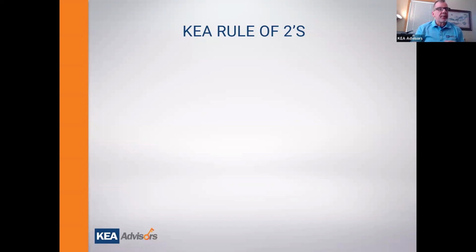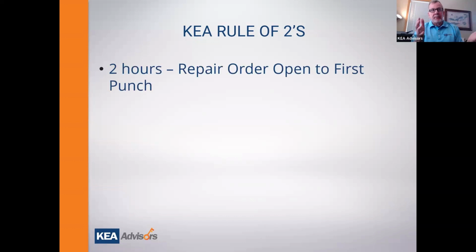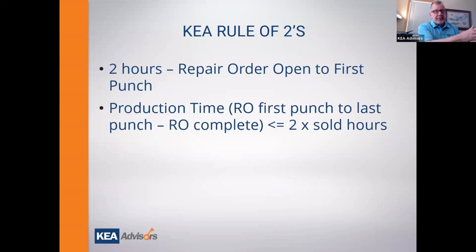The first rule of two is simply what we call lead time rule of two, repair order open to first punch, less than or equal to 2 hours. Most of us are very aware of that. Production time, which is that first punch to last punch, okay, being less than or equal to 2 times the sold hours.